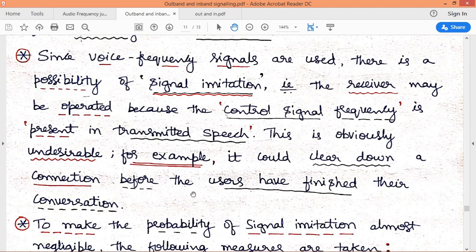That is one drawback of in-band signaling, the signal imitation occurring inside our in-band signaling system, because we are placing the control signal inside the speech band, and there is a probability of speech signal having the same frequency as the control signal. In such a case, signal imitation may result in some problems.